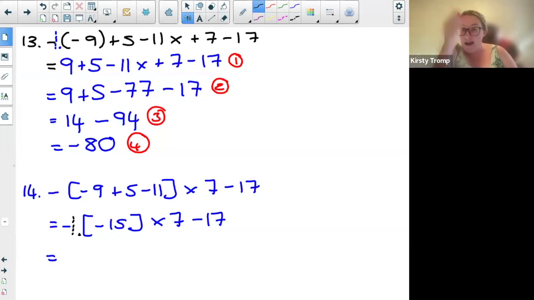There's a -1 times by what's happening in that bracket. So negative times a negative gives me a positive. So -1 times -15 is going to give me 15 times by 7 minus 17.